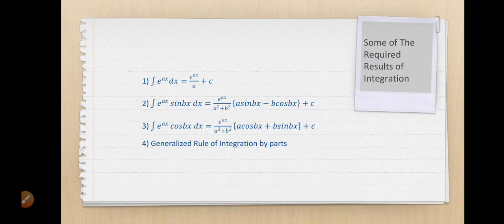Second one is integration of e raised to ax into sin bx dx. Integration of e raised to ax into cos bx dx, and the generalized rule of integration by parts. This generalized rule of integration by parts is very important and also very easy if you write the sign conventions properly.